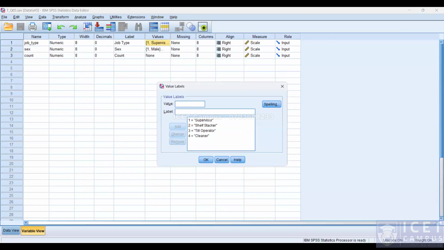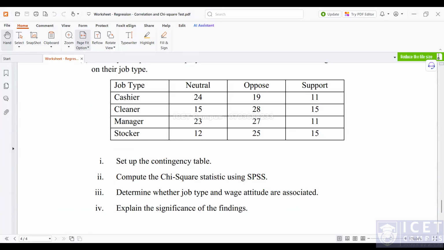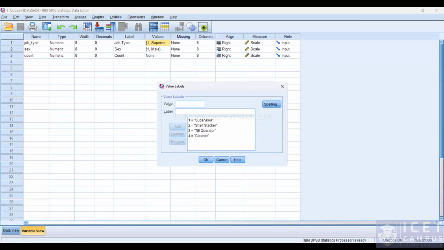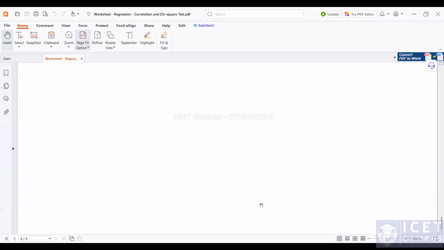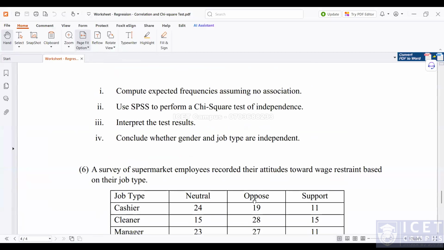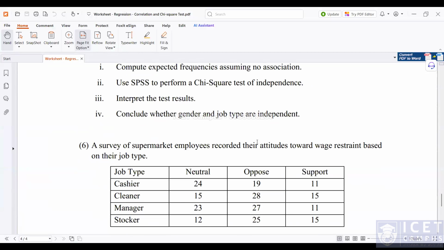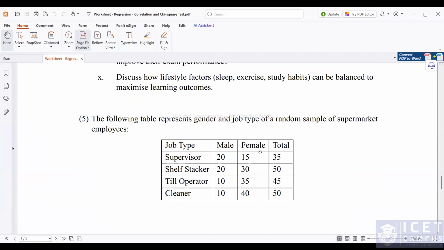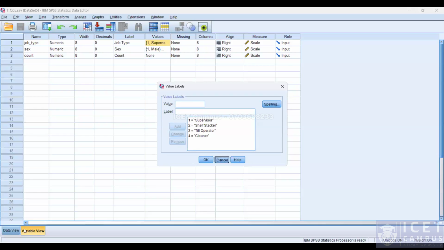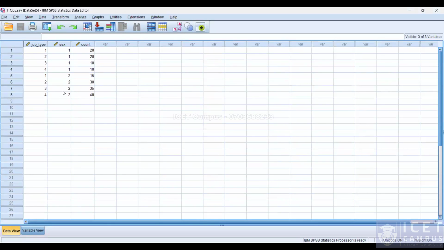Supervisor, no, not this question. That is a different one. Ah, yeah, this is the question. Okay, sorry. Here job type, male, female. Then it's okay, and we can enter it like this.